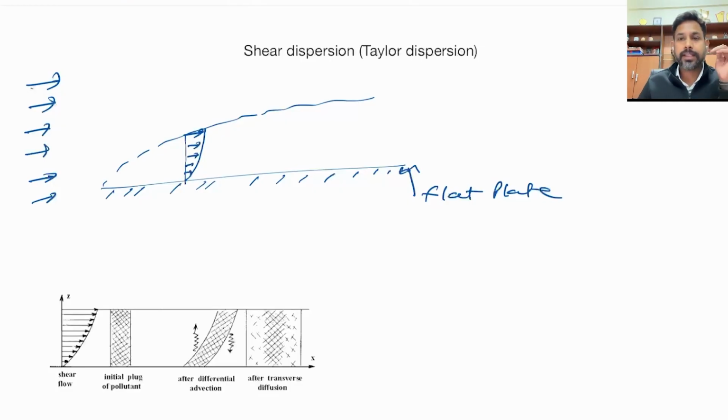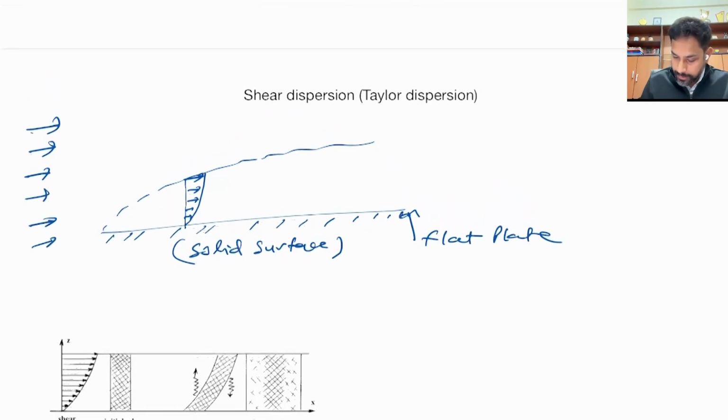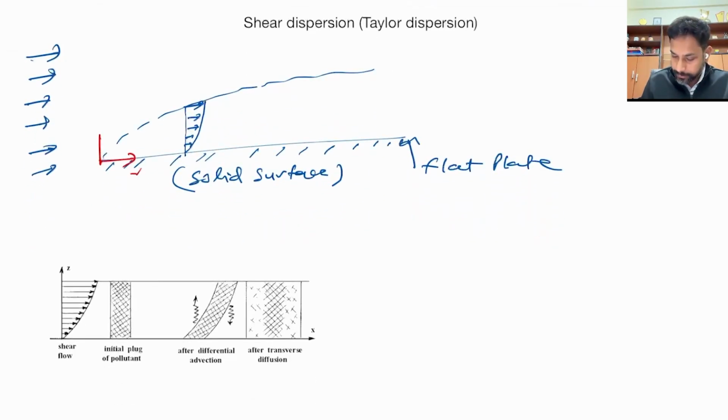So velocity is zero at the bottom at the solid surface. So this is the solid surface, and if we assume that this is the x-axis, this is the y-axis, so what you have here is u of y. So velocity is increasing with the vertical axis, right, with the y-axis.